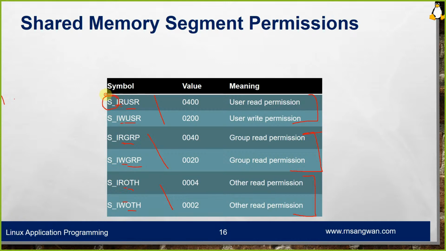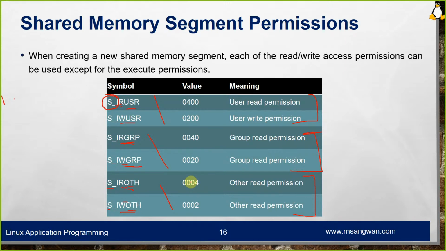So S underscore I, then R USR, S underscore I, W USR, S underscore I, R GRP, S underscore I, W GRP, then S underscore I, R OTH, S underscore I, W OTH. To memorize this, to learn this. When creating a new shared memory segment, each of the read-write access permissions can be used except for the execute permissions. You notice that we are talking about read and write, not execute.